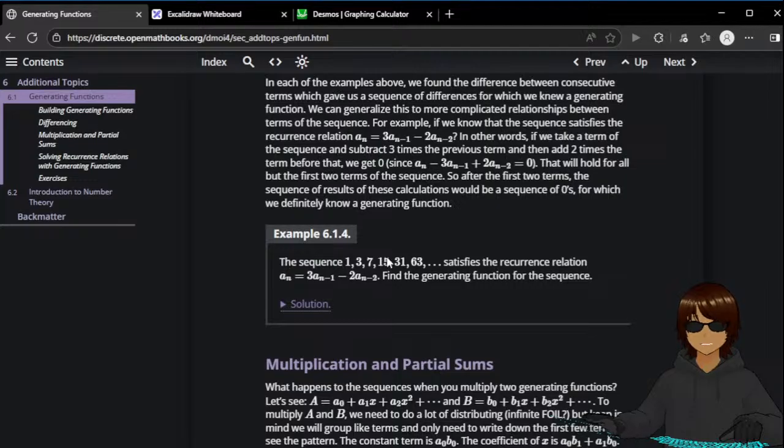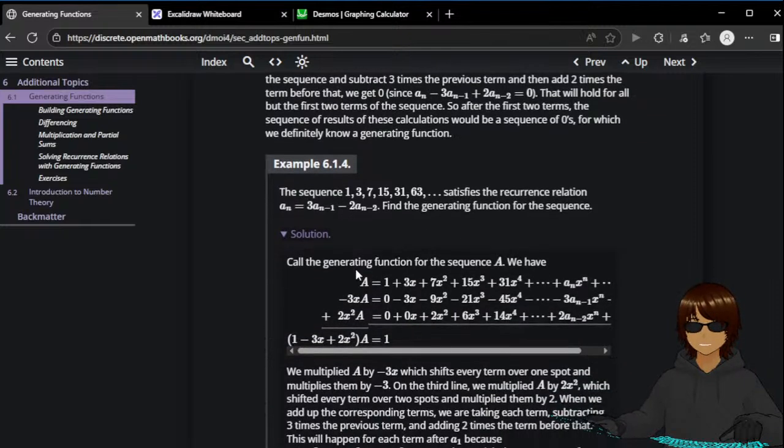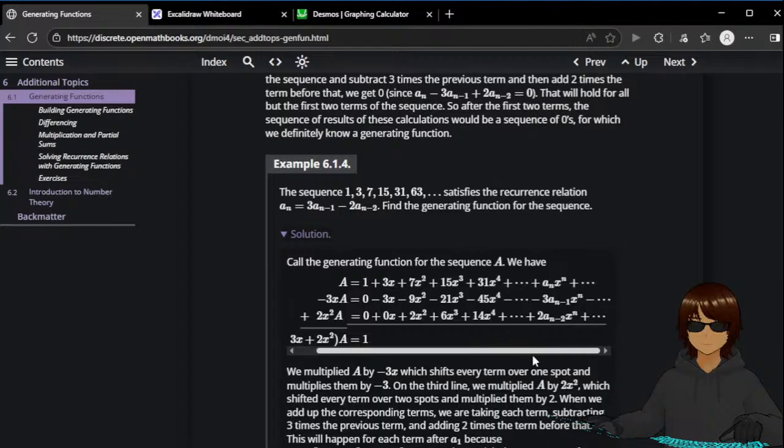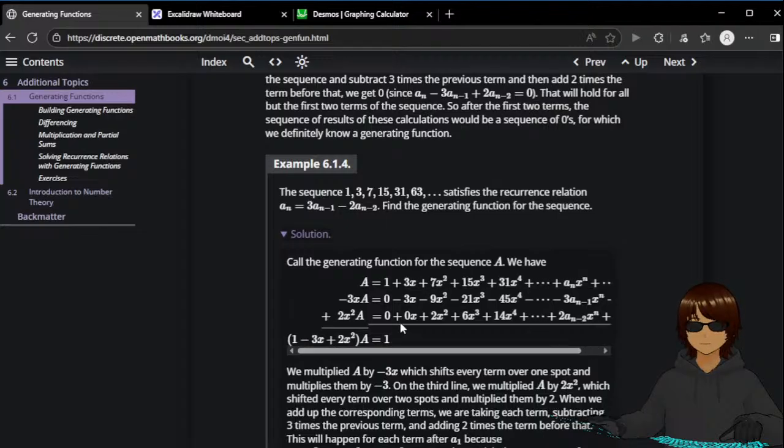The sequence 1, 3, 7, 15, 31, 63 satisfies the recurrence relation. Find the generating function. So A is 1 plus 3x plus 7x squared. Minus 3xA gives us this, plus 2x squared A gives us this. So (1 minus 3x plus 2x squared) A is equal to 1.